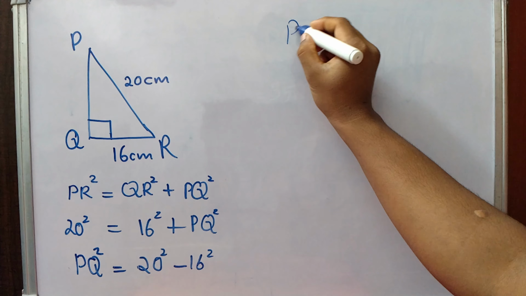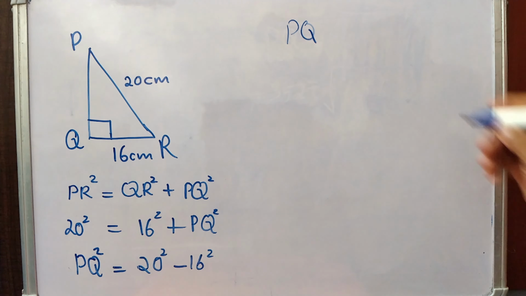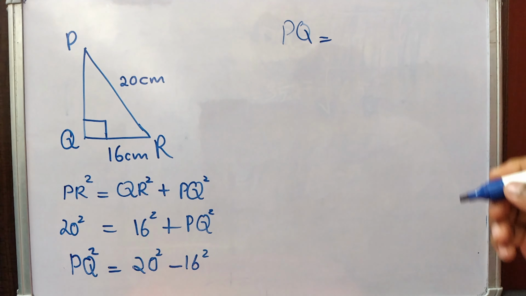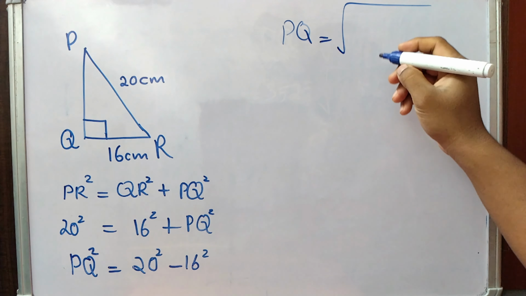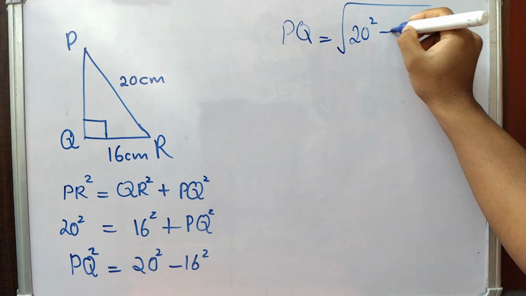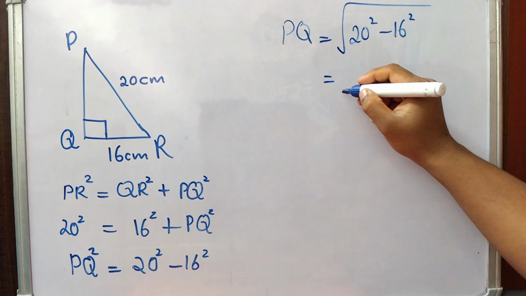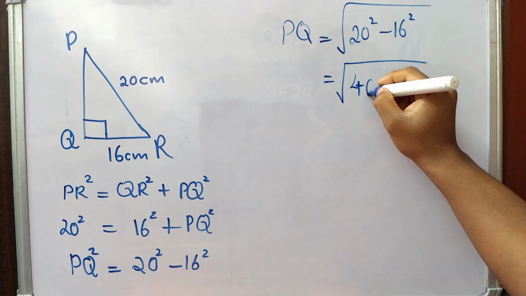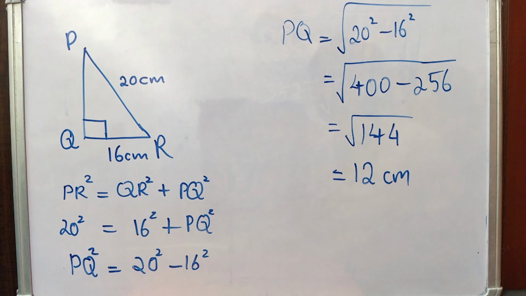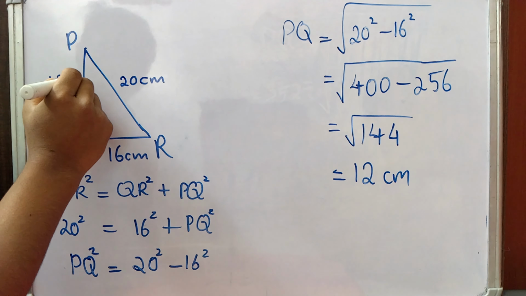So PQ is equal to square root of 20 square minus 16 square, which is equal to square root of 400 minus 256, which is equal to square root of 144, which is equal to 12 centimeter. So we get the length of PQ to be 12 centimeter.